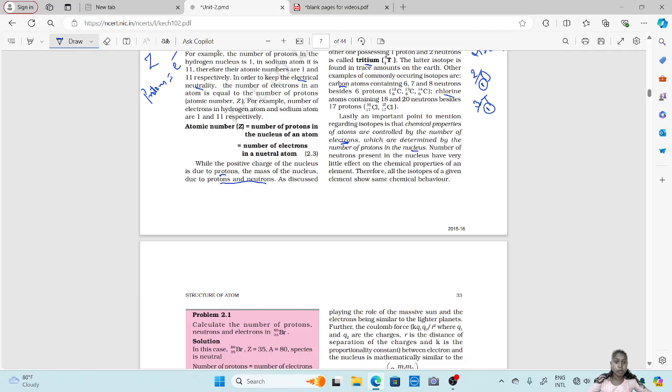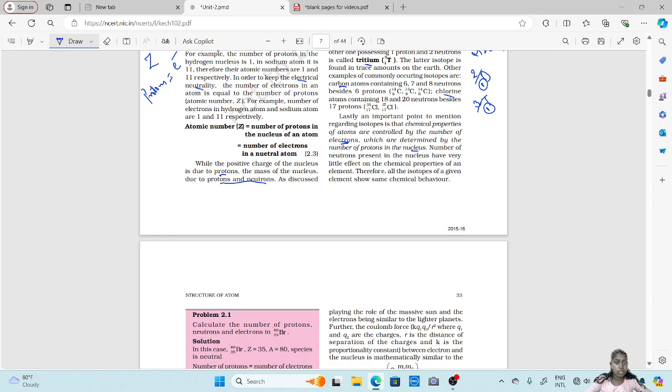The number of neutrons present in the nucleus has very little effect on the chemical properties of an element. Neutrons do not play any role in the chemical properties of an atom. They only play a role in the mass number.